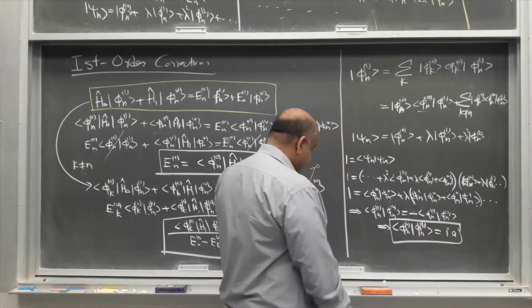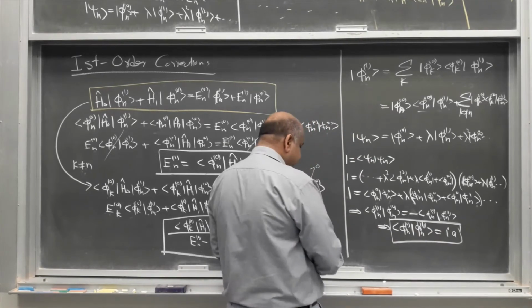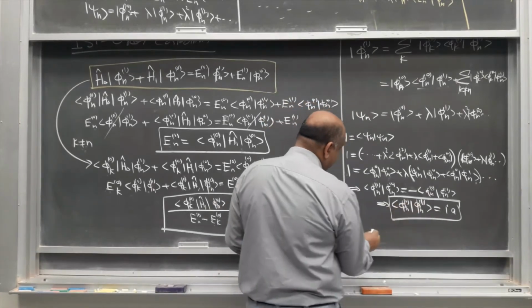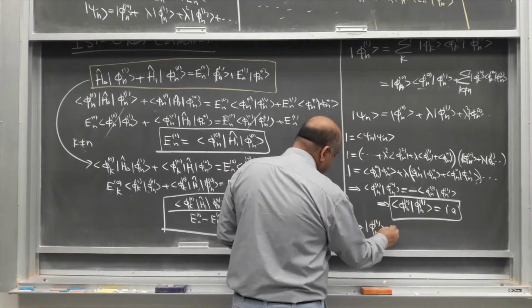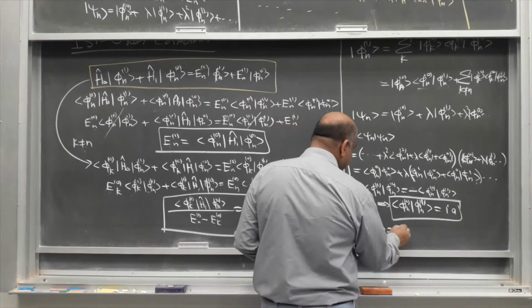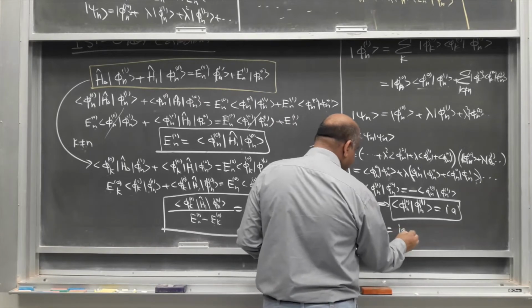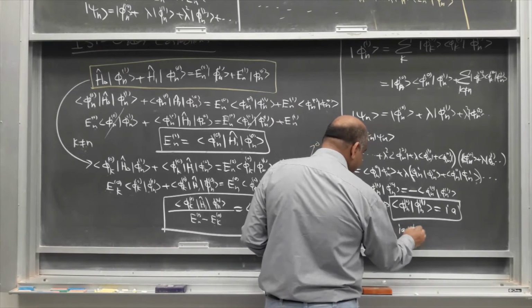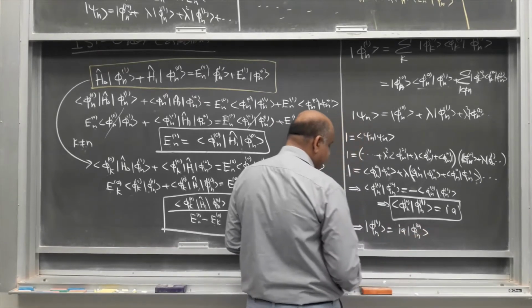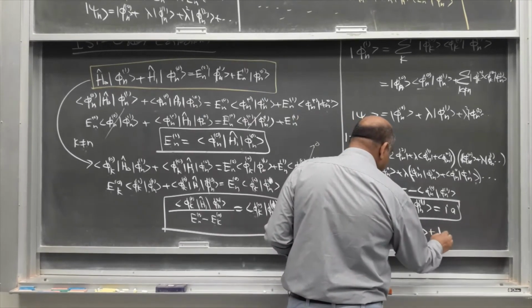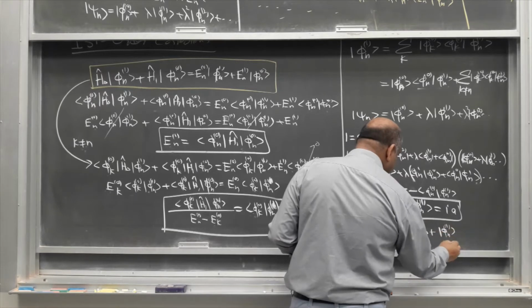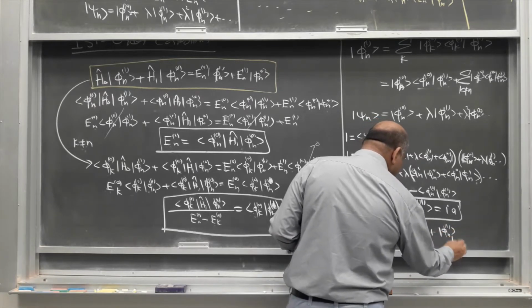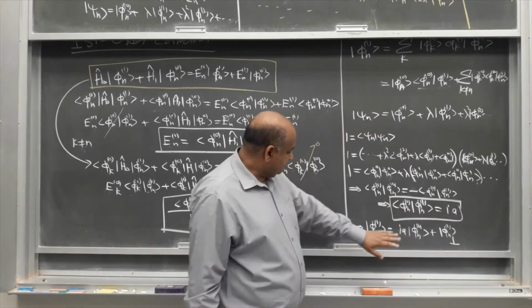Which means that this phi n1 I can write as something like iota a times phi n0, plus a part which is perpendicular to phi n0.